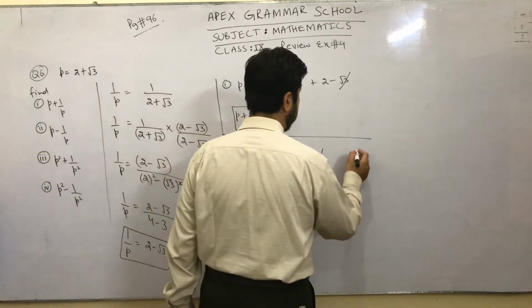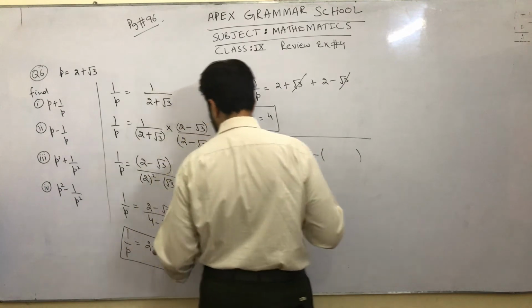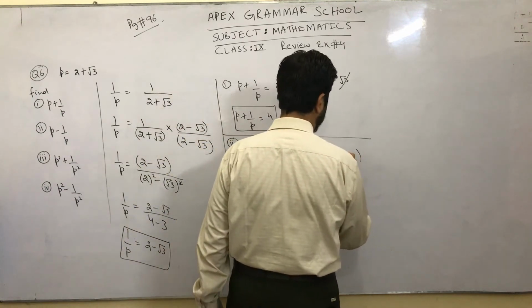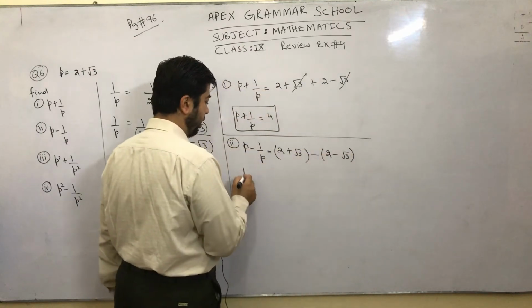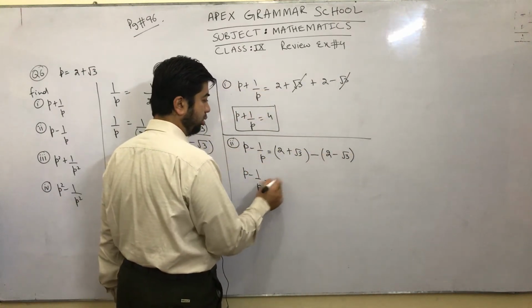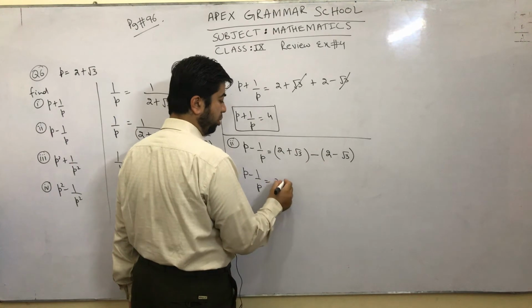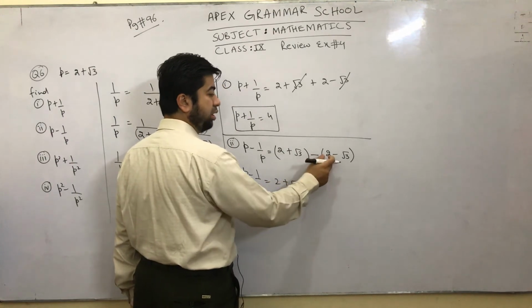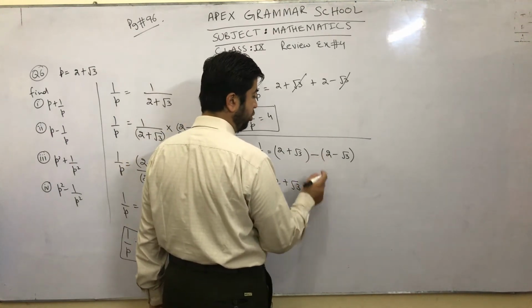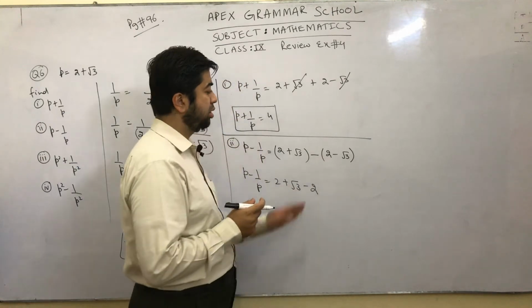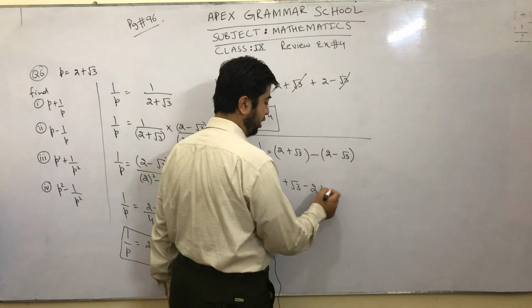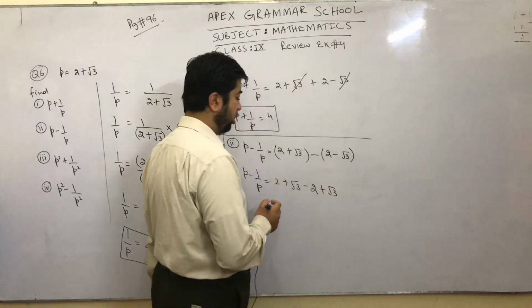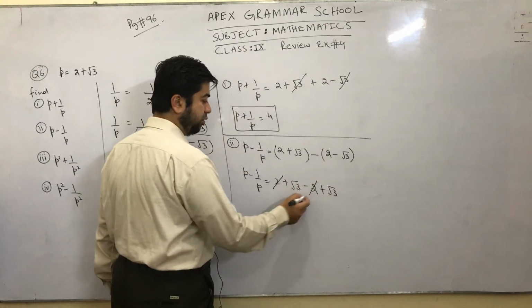So within brackets, the value of 1 over p, that is 2 minus square root 3. Now apply this minus sign: 2 plus square root 3, minus 2, and it changes the sign of all the expression inside the bracket, that is plus square root 3. Now this time, 2 is cancelled with the negative 2.